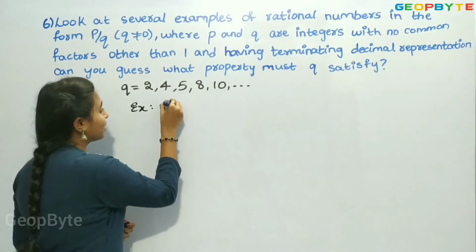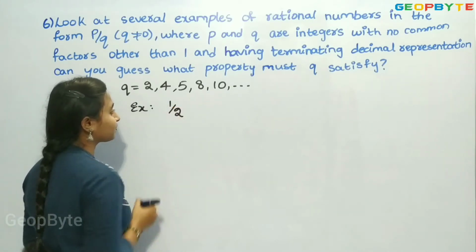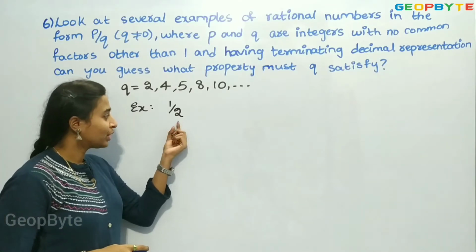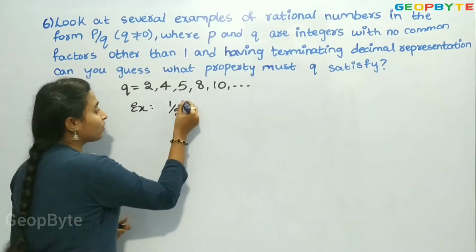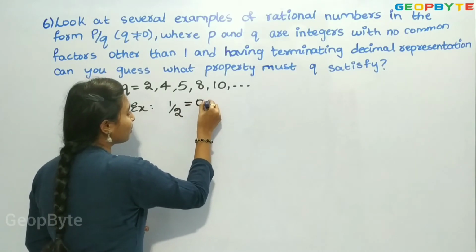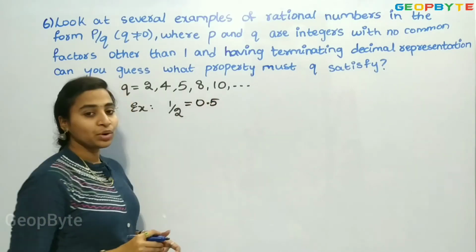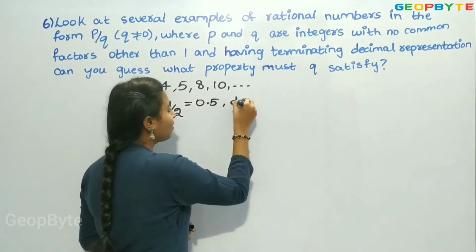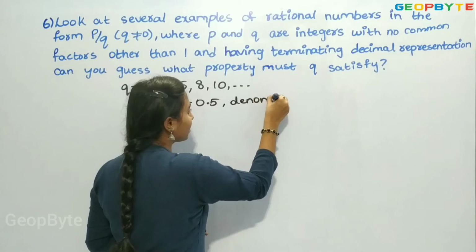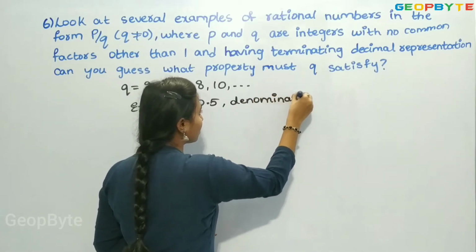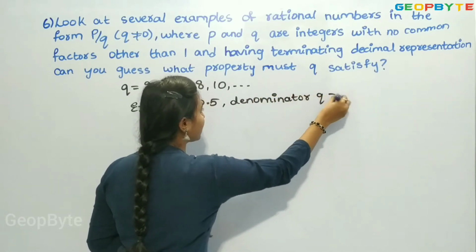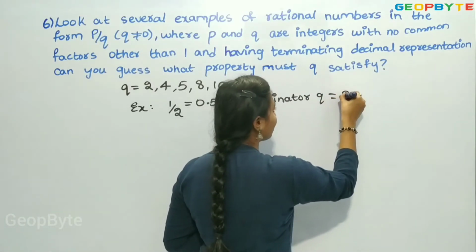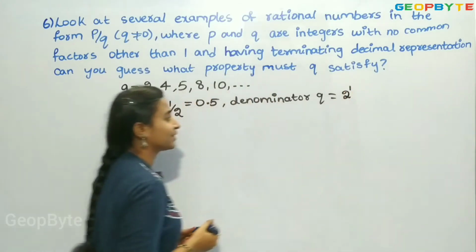Let me take 1 by 2. Here we have q equal to 2. Now 1 by 2 is nothing but 0.5, so it is a terminating decimal expansion. And the denominator q is 2, which is nothing but 2 power 1.